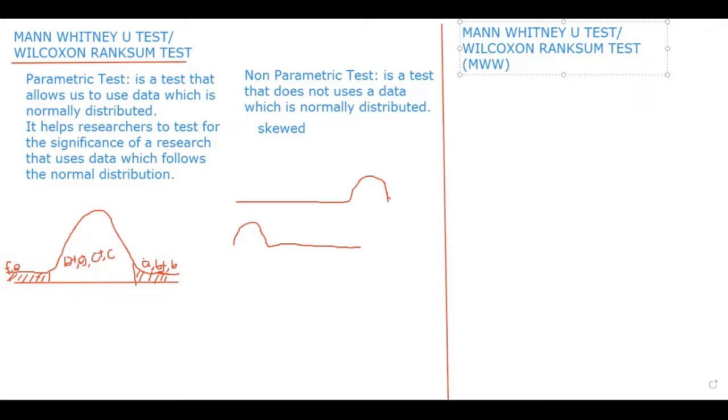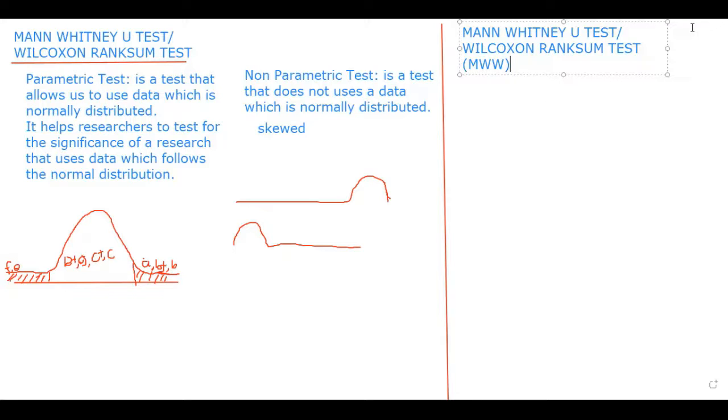Okay. So let's move on to this particular topic. We are saying that the Wilcoxon Ranksum test or the Mann-Whitney U test is used for testing the equality of means in two independent or unpaired samples. So this one deals with what?